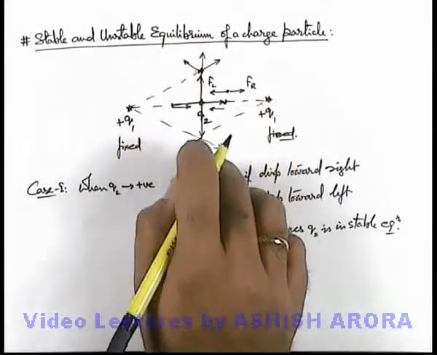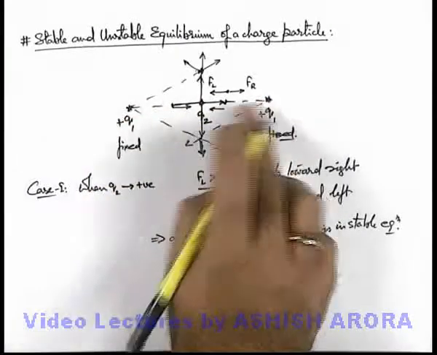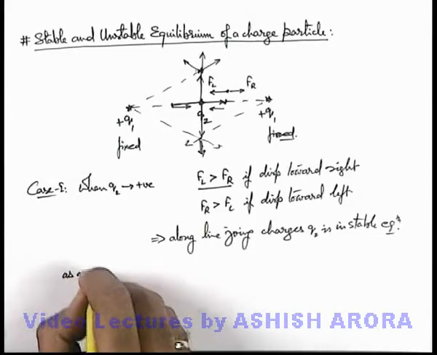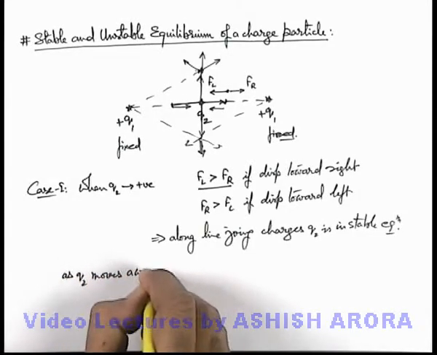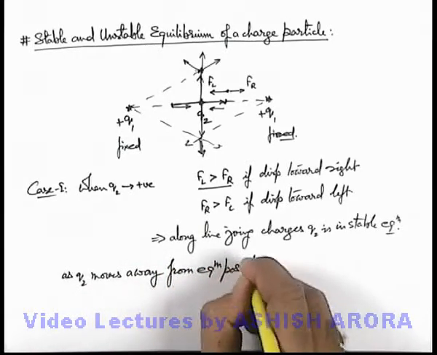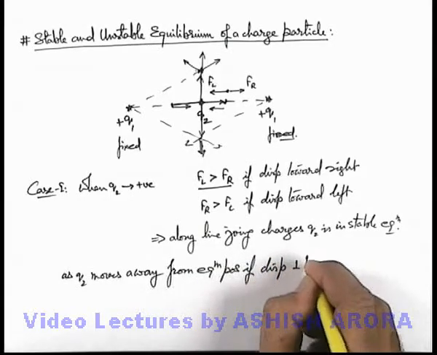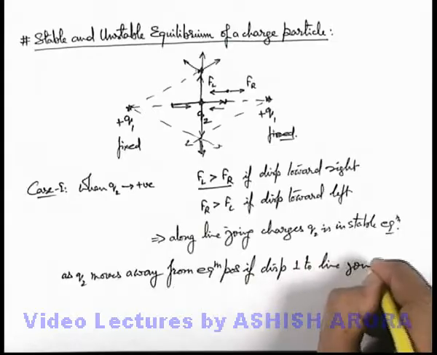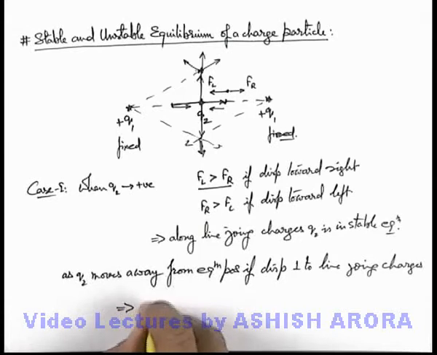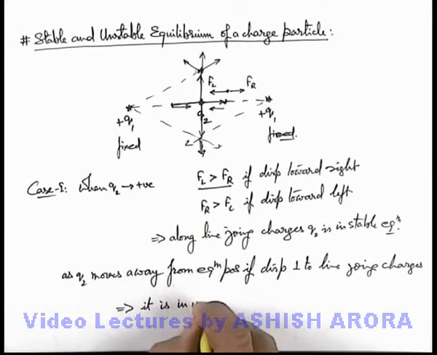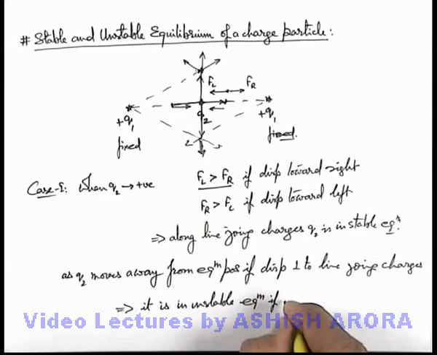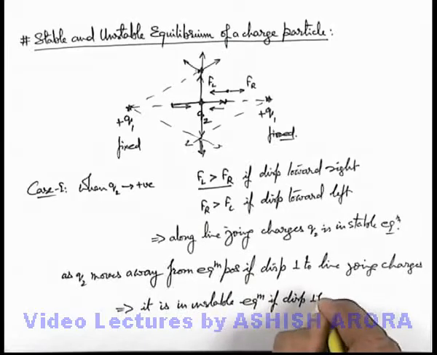So in the direction perpendicular to the line joining the two charges, it will be in unstable equilibrium. As Q2 moves away from the equilibrium position if displaced perpendicular to the line joining the charges, it is an unstable equilibrium if displaced perpendicularly.